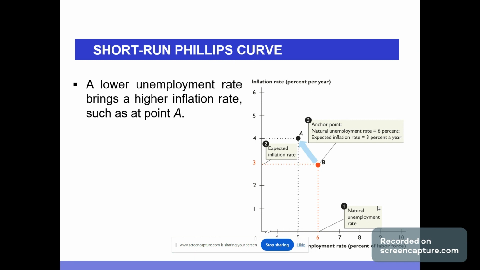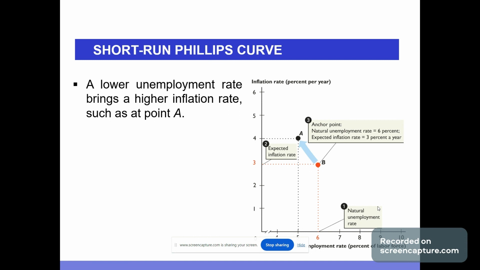With the additional purchasing power, they will demand goods and services in the economy, and because of the additional demand, the price of goods and services will increase from 3 to 4%. Because of this price increase, the overall inflation increases in the economy. So we can see how a reduction in unemployment leads to an increase in the inflation rate.